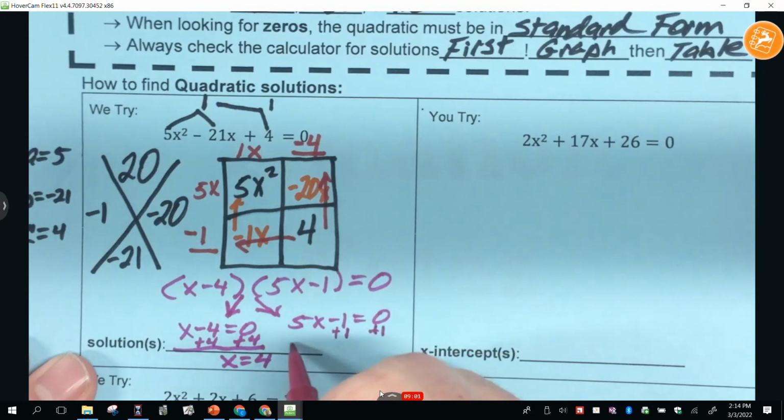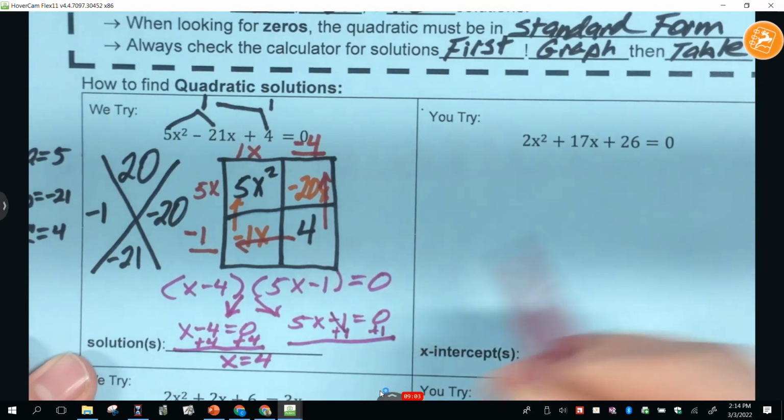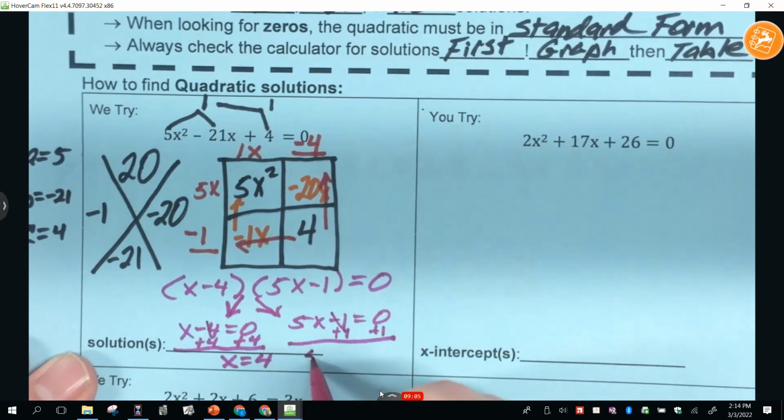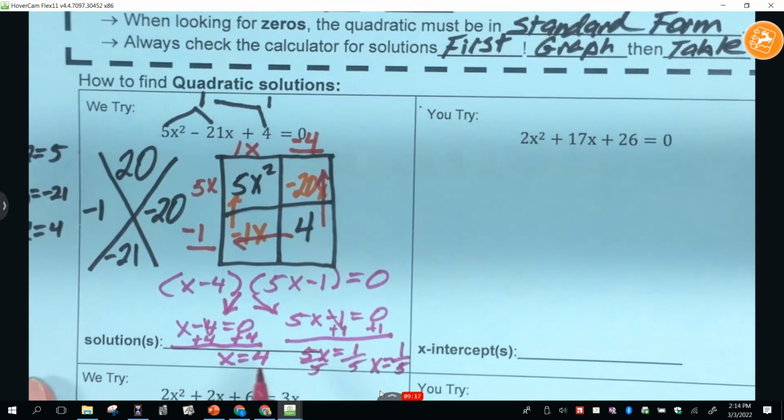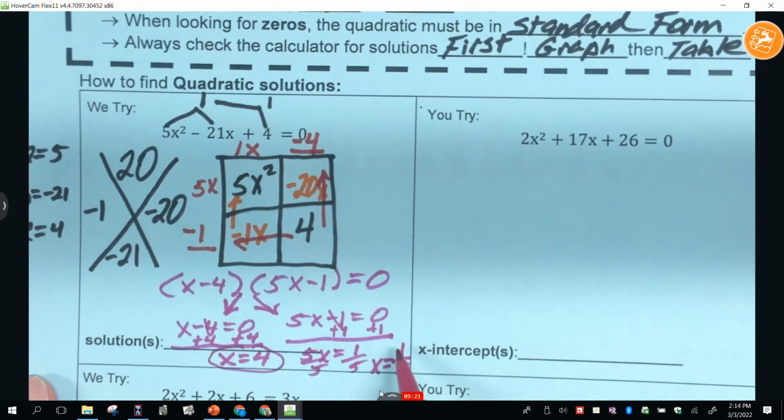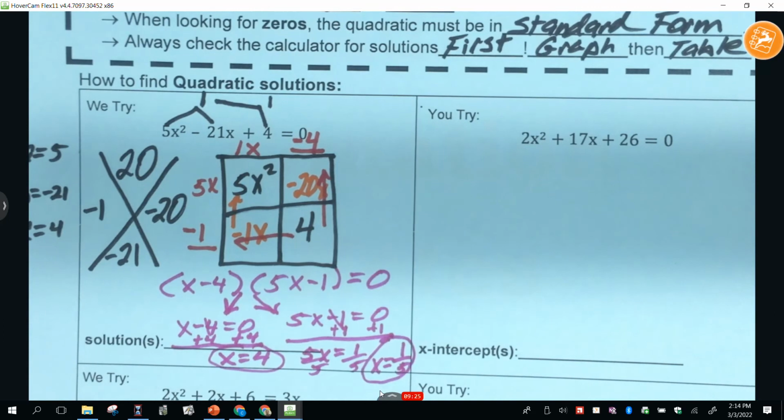Plus 1. Okay. So that'll give me 5x is equal to 1. And so divide both sides by 5. So that's going to be x is equal to 1 over 5. Okay? So these right here will be my solutions. X equals 4 and x equals 1 over 5.